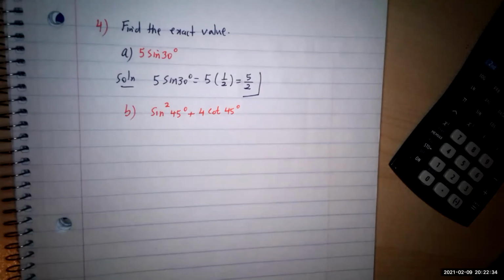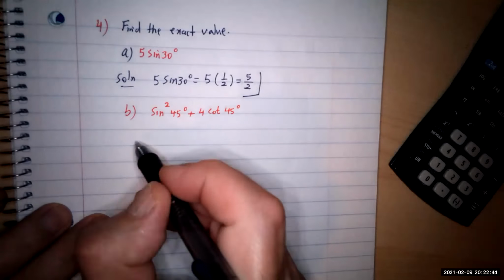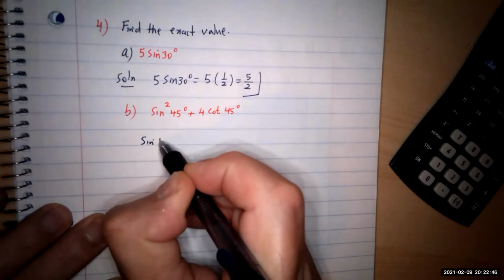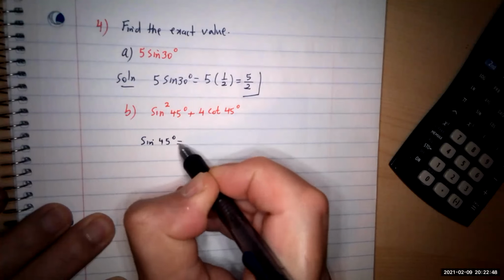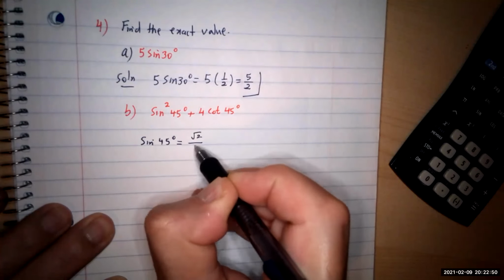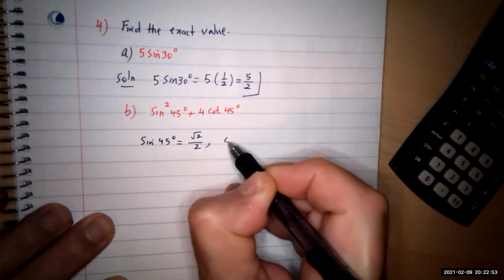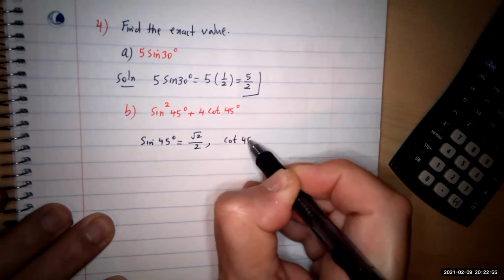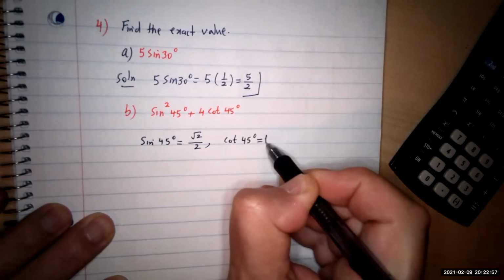You have the information. The sine is radical 2 over 2, and the cotangent of 45 degrees is 1. So you just substitute. Just to remind you from your table, the sine of 45 degrees is radical 2 over 2, and the cotangent of 45 degrees is equal to 1.